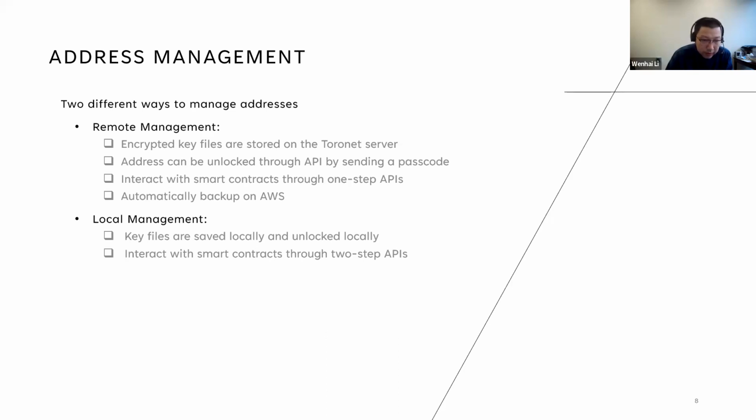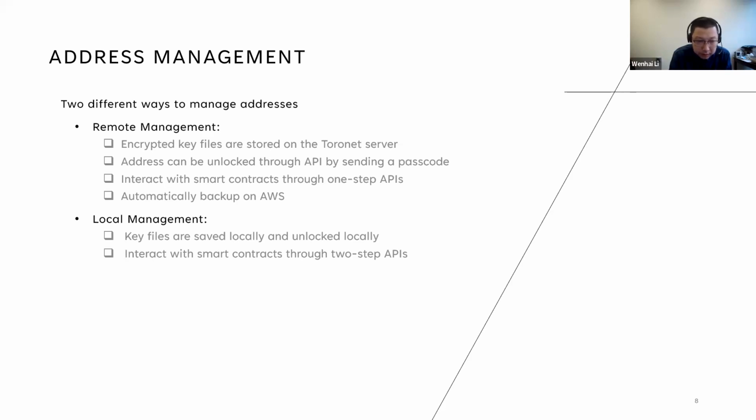And then if they want to make any transaction on Toronet, to interact with some smart contracts, for example, they can do it through what we call two-step APIs. Later on, we'll show you how to use two-step APIs, so that you can remotely sign your transaction data using the private key, and then just submit the raw data you already signed through the two-step APIs.